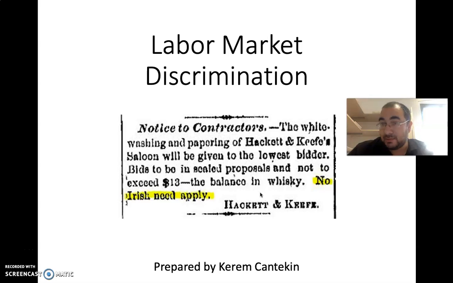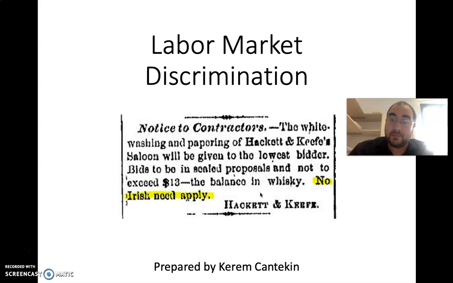This is one example of discrimination, which is employment discrimination, where basically a specific preference is given to a certain ethnicity in this case. What is discrimination?